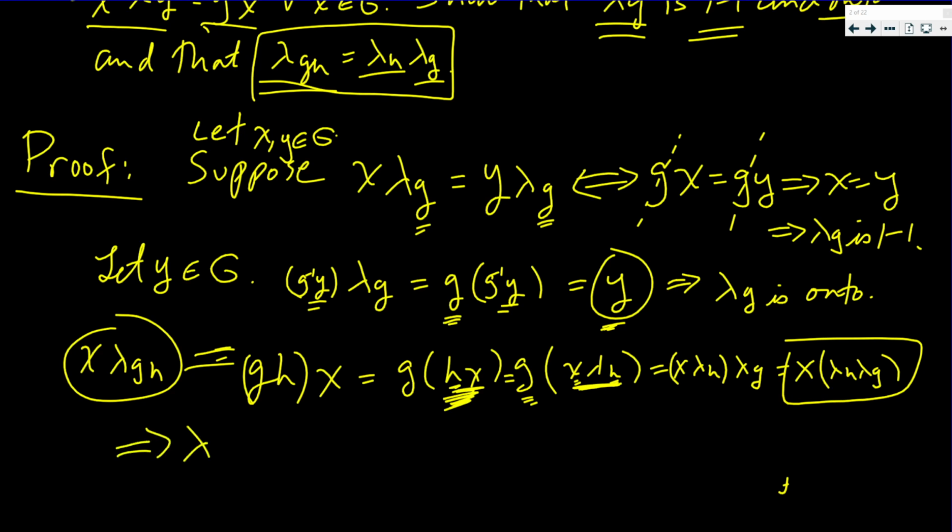That implies that the mappings did the same to x, so the mappings are equal to one another. Lambda sub gh is the same as lambda h times lambda g. And that's what I wanted to prove. In fact, it's the last thing that I was asked to prove, and that means that the proof is done.